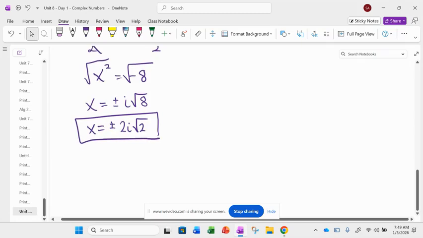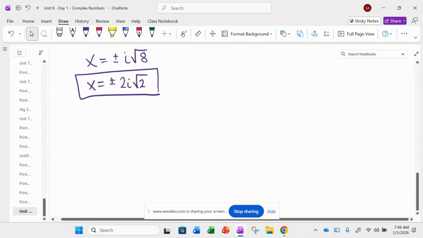All right, now let's talk about adding and subtracting. Oops, sorry. Before we talk about adding and subtracting complex numbers, let's identify what a complex number is.